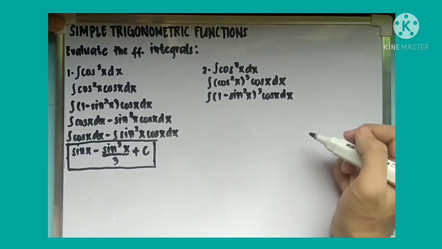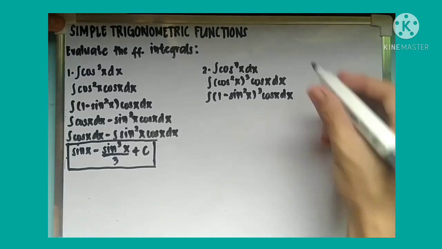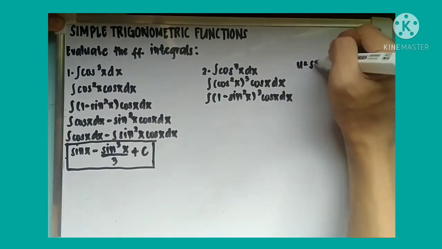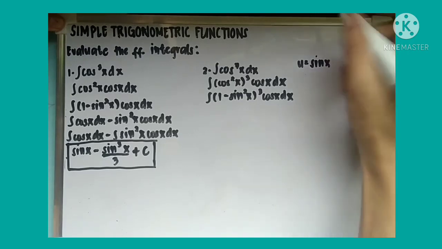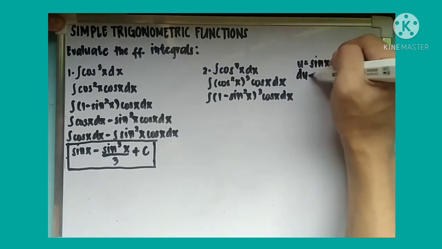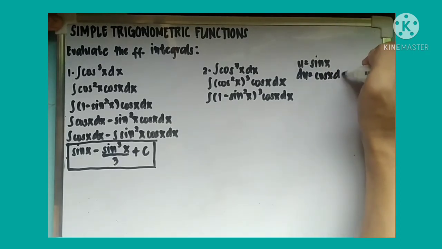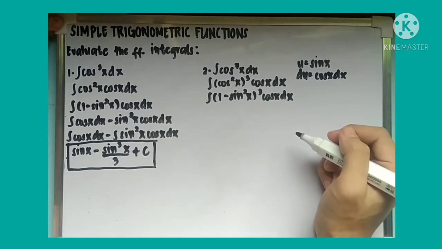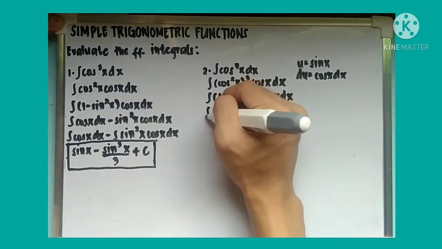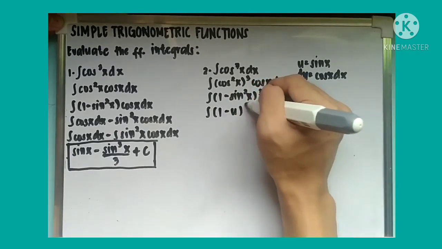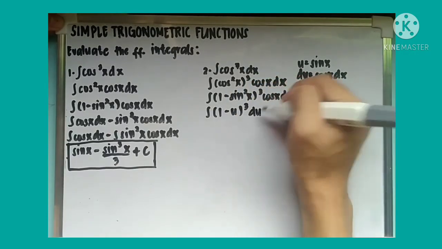And then next natin gagawin is maglelet u tayo. So u for this is equivalent to sine x. And then du, the derivative of sine x is equivalent to cos x dx. And then so our equation for this is equivalent to the quantity of 1 minus u squared raised to 3 times du.